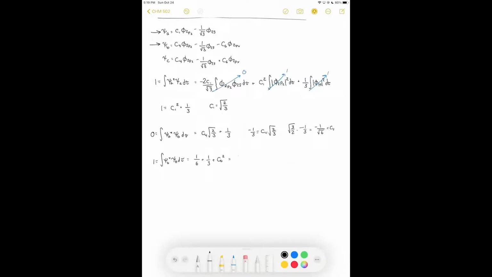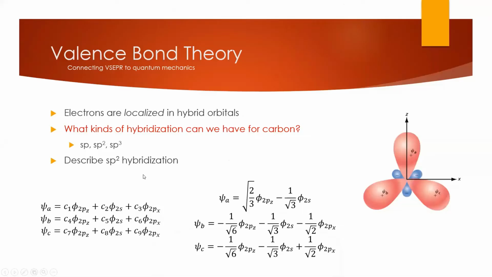And so c6 is equal to 1 over the square root of 2. So we can put all of these things together and get an equation for these hybrid orbitals. And I'm going to bring you back to the slides to show that. So here we get these equations with all of the constants put in.